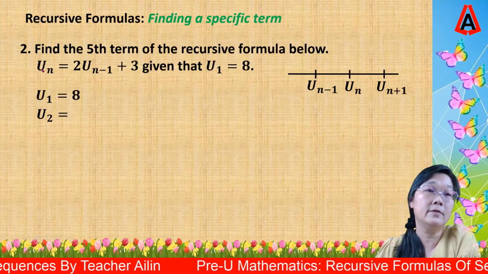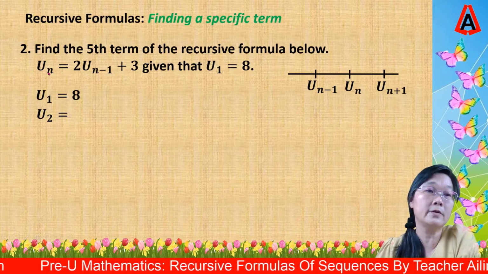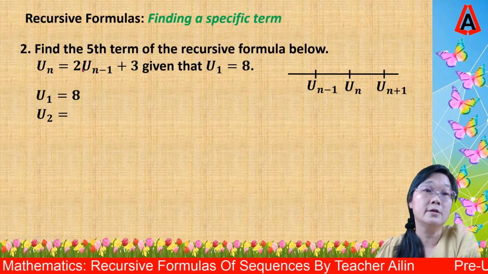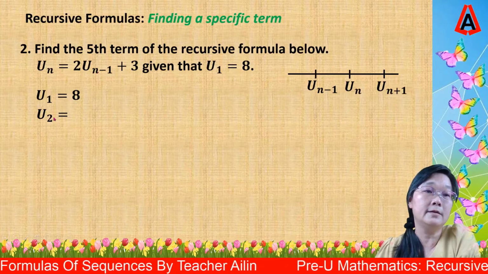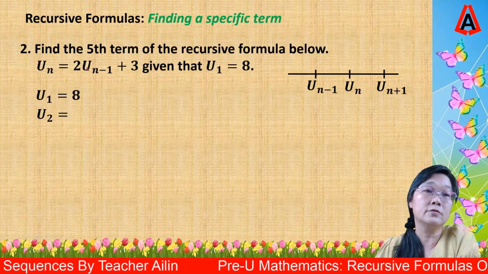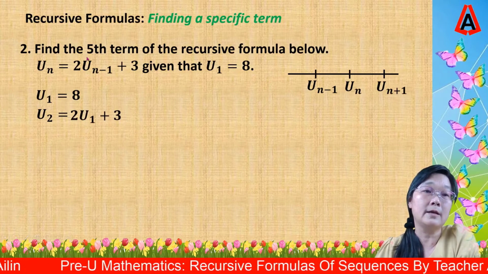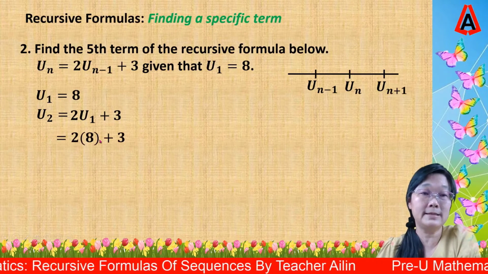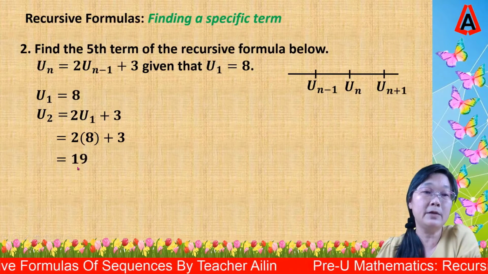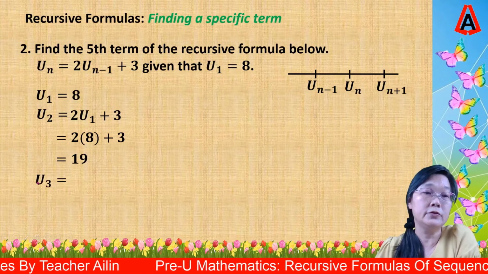Comparing un with u2, n is equal to 2. So when doing the calculation, n is 2, 2 minus 1, so this is 2 times u1 plus 3. The value of u1 is 8. So when we simplify, it is 19.